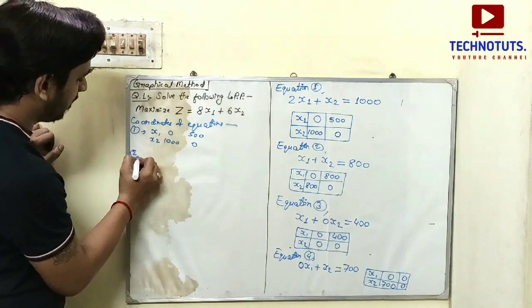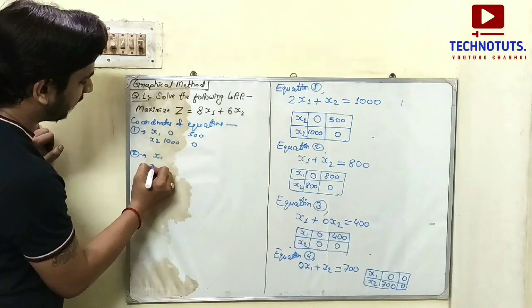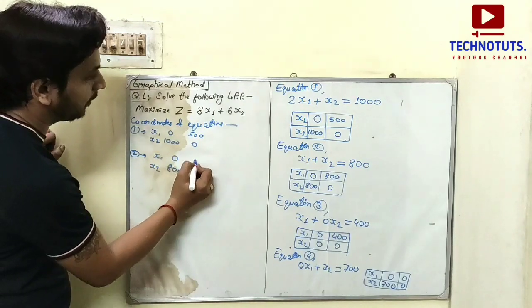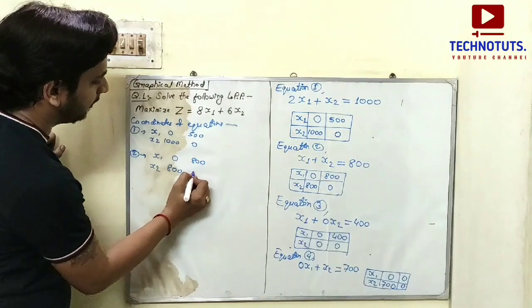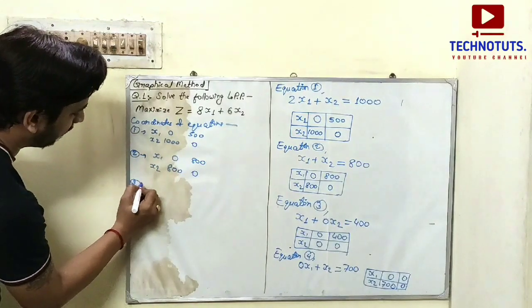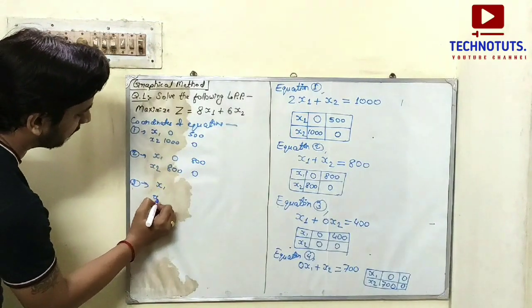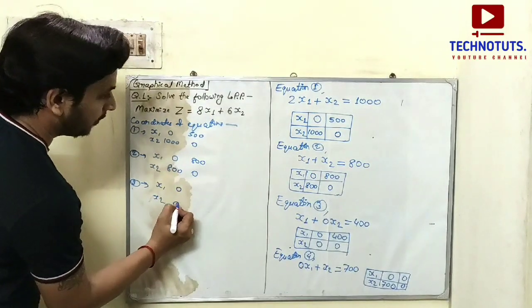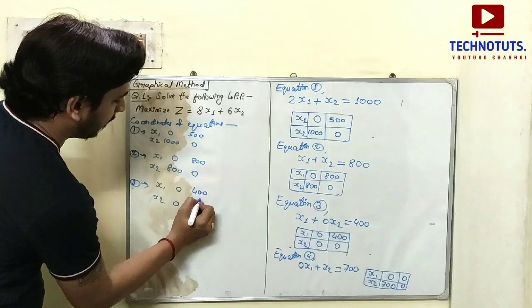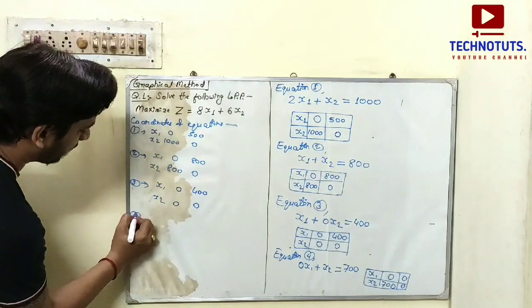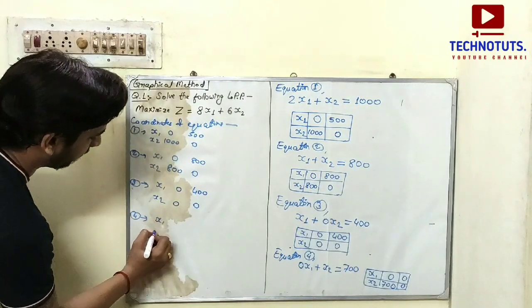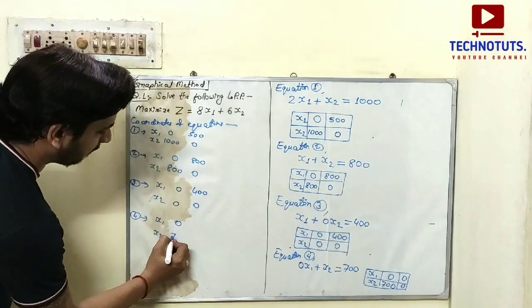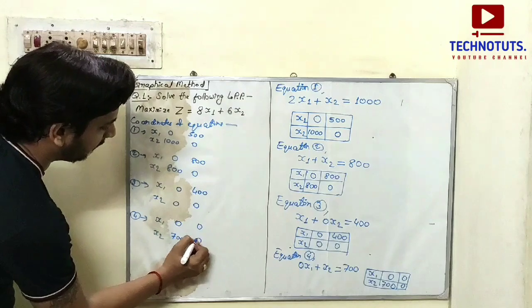Equation number 2's coordinates are x1, x2: 0, 800 and 800, 0. The third equation's coordinates are x1, x2: 0, 0 and 400, 0. The fourth equation's coordinates are x1, x2: 0, 700 and 0, 0.